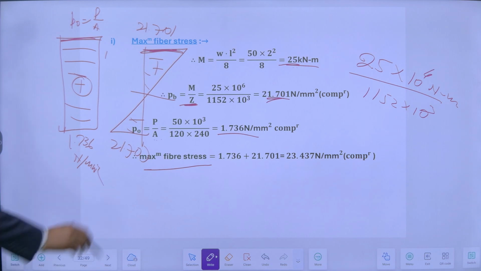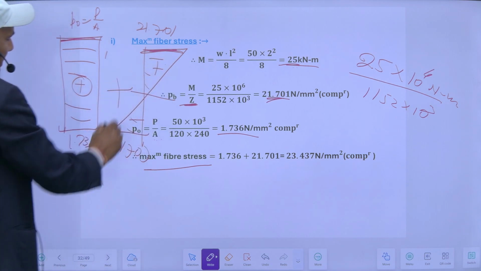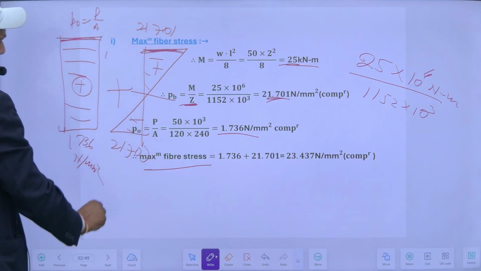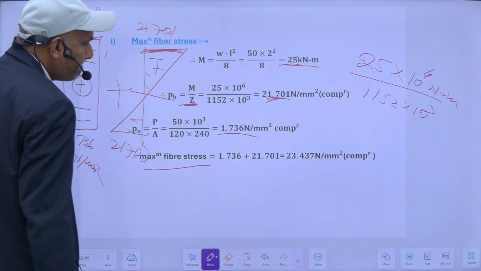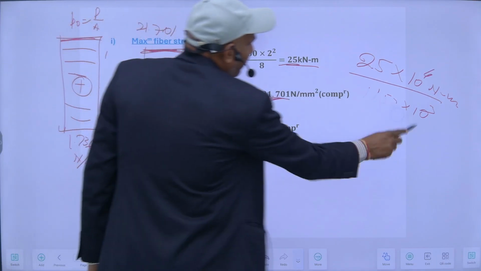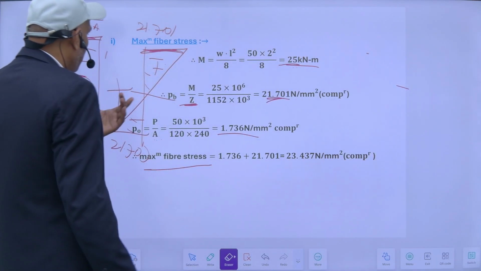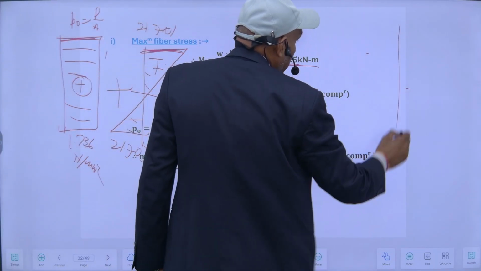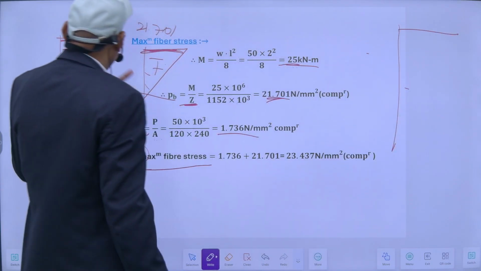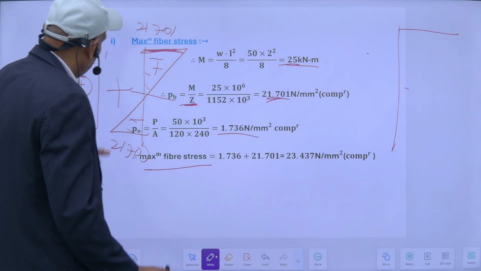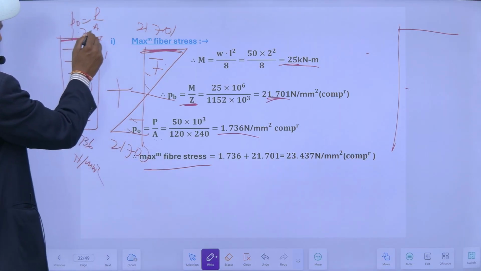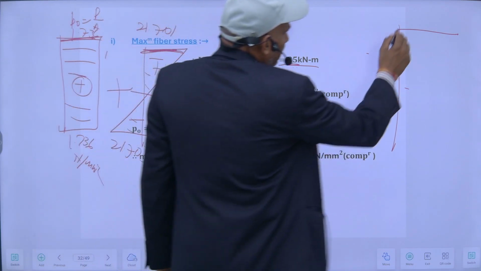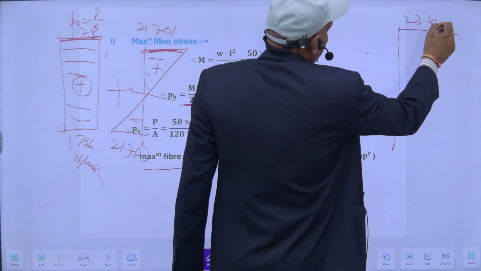So when I add both these stresses together, it will be 21.70 plus 1.736, so this plus this will be 23.43 Newton per mm square.